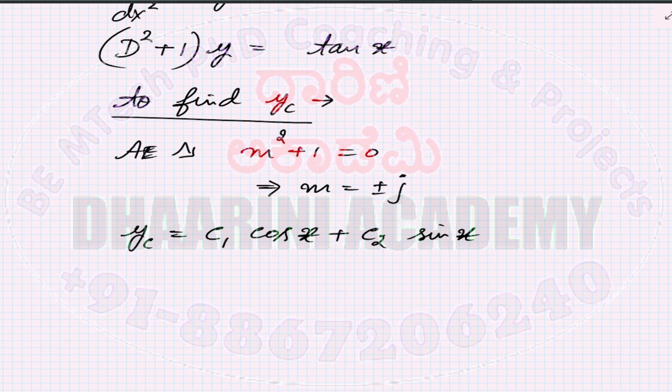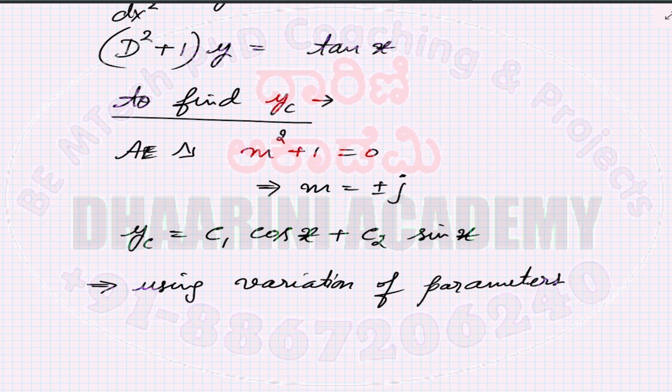All right, now using the method of variation of parameters, the final answer y is equal to a times cos x plus b times sin x.